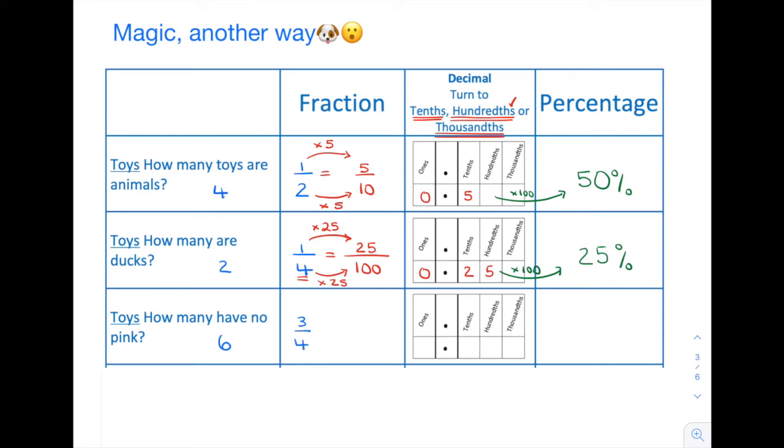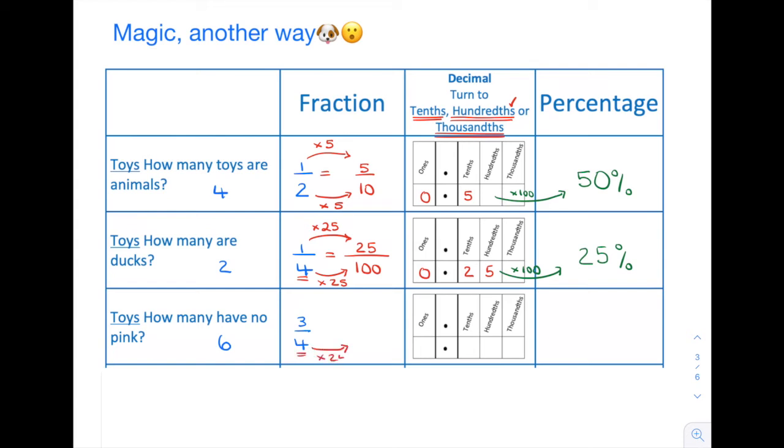Now pause the video here and see if you can convert this to a decimal in a similar way to the way you did a quarter above. So 4 goes into 100 25 times.